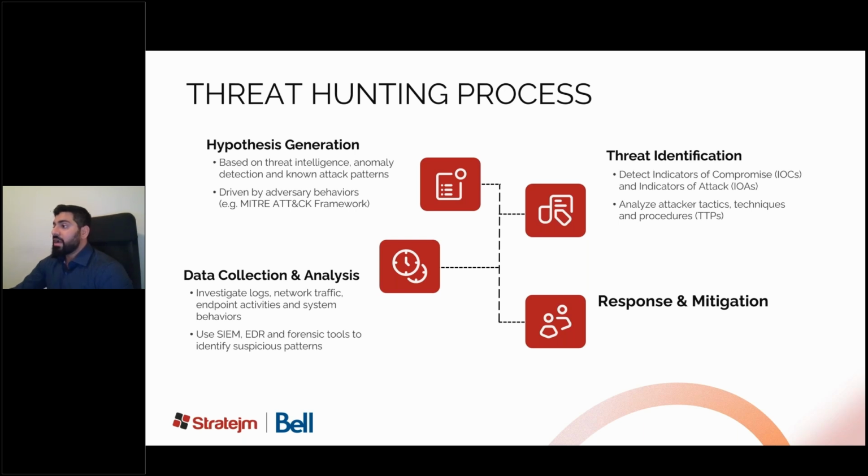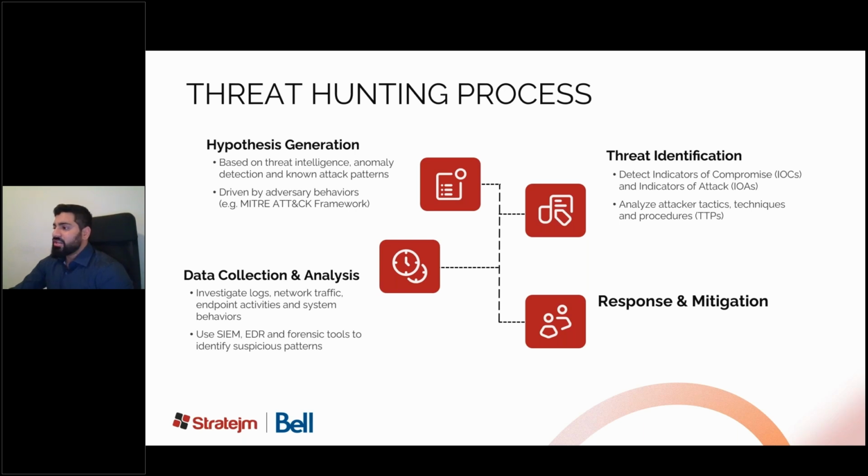How we achieve that is by mapping the observed behavior, mapping the observed indicators against known attacker tactics, techniques, and procedures. This is where threat hunting transitions from a hypothesis to concrete evidence, identifying malicious behavior, identifying suspicious behavior, and mapping it to previously known attack vectors.